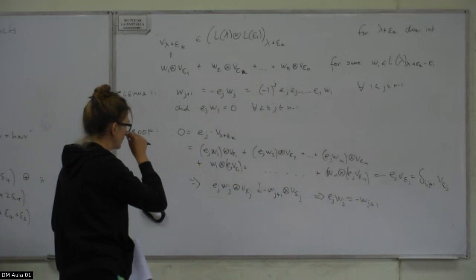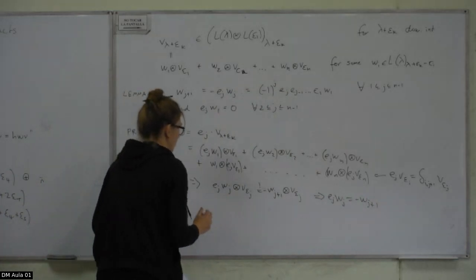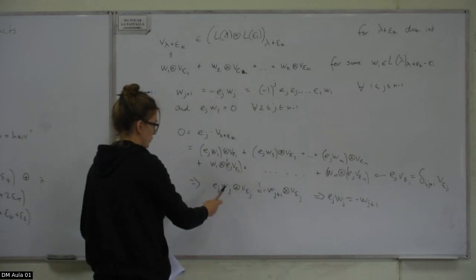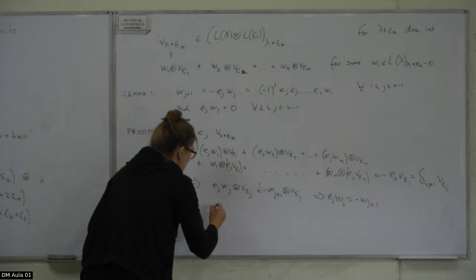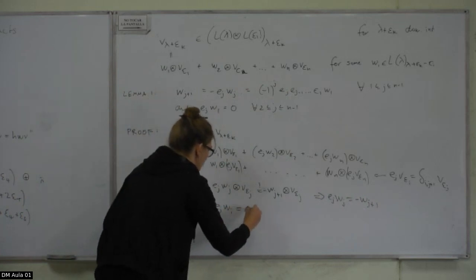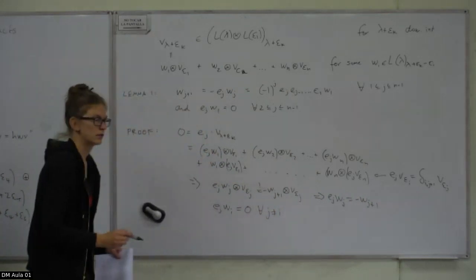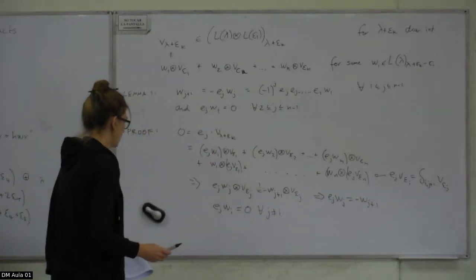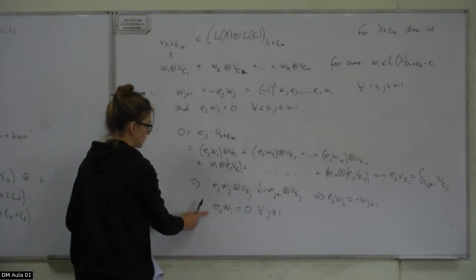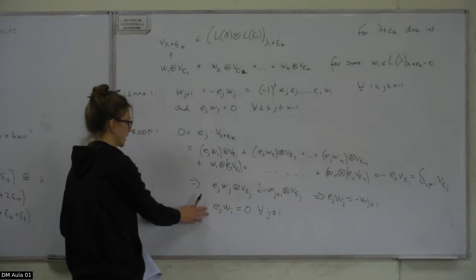And even more so we also see that for any other index, E_j W_i is 0 for all j not equal to i. And this in particular holds true also for W1.